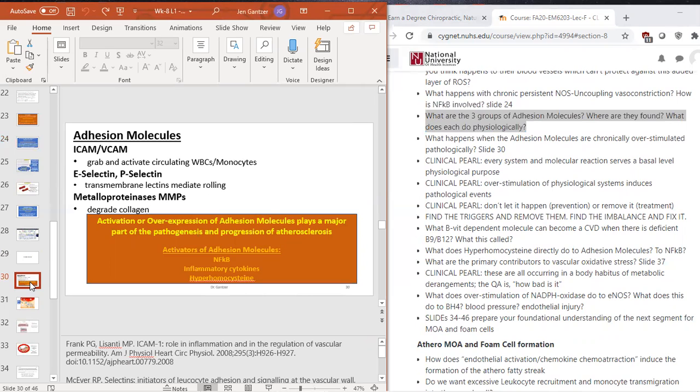When they are overstimulated, overexpressed in the body habitus of excessive amounts of inflammation and excessive ROS and nuclear factor kappa B and metabolic disturbances, then they are bad. Remember, everything at a basal physiological level has a physiological purpose. It's when you overdo it with an epigenetic aberrant stimulation of the genome under a pathological body habitus that it becomes a disease.